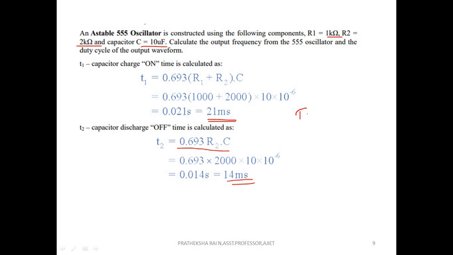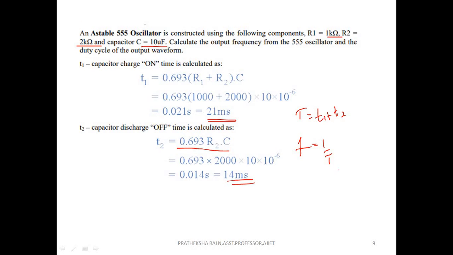We know that the total time period T is equal to T on plus T off, that is T1 plus T2. Now we know that T and frequency are related: F is equal to 1 by T, so frequency is inversely proportional to the time period.